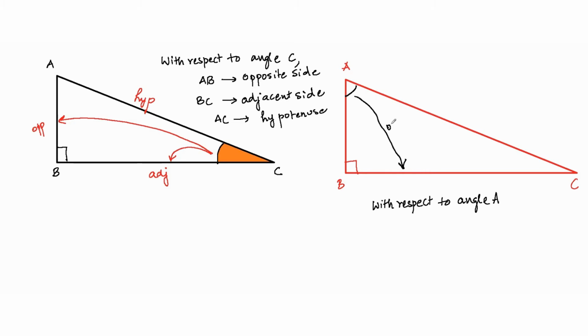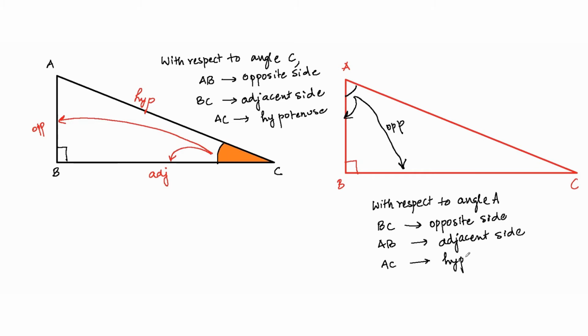The opposite side is BC. So let's note that down. BC is the opposite side. Then AB is the adjacent side. AB is the adjacent side. And AC forms my hypotenuse. AC forms my hypotenuse. Right?